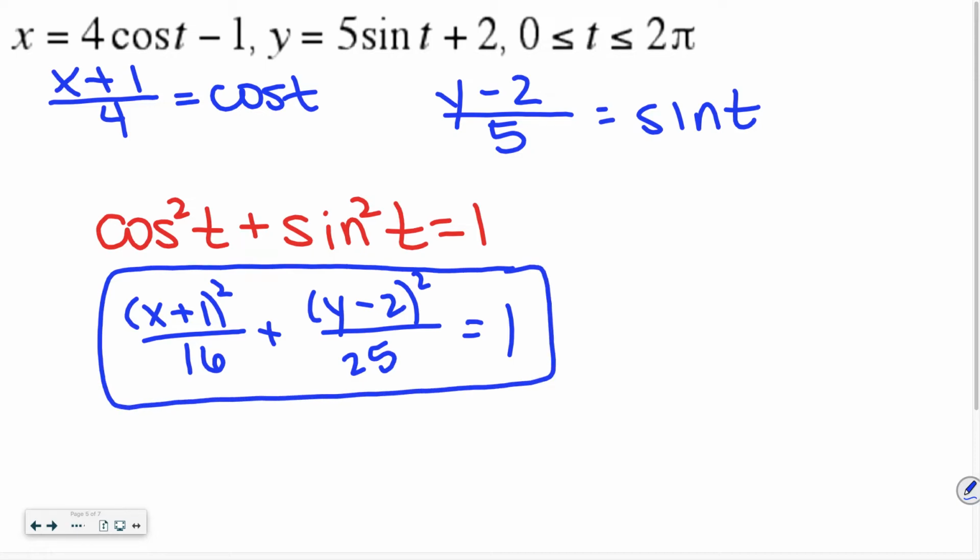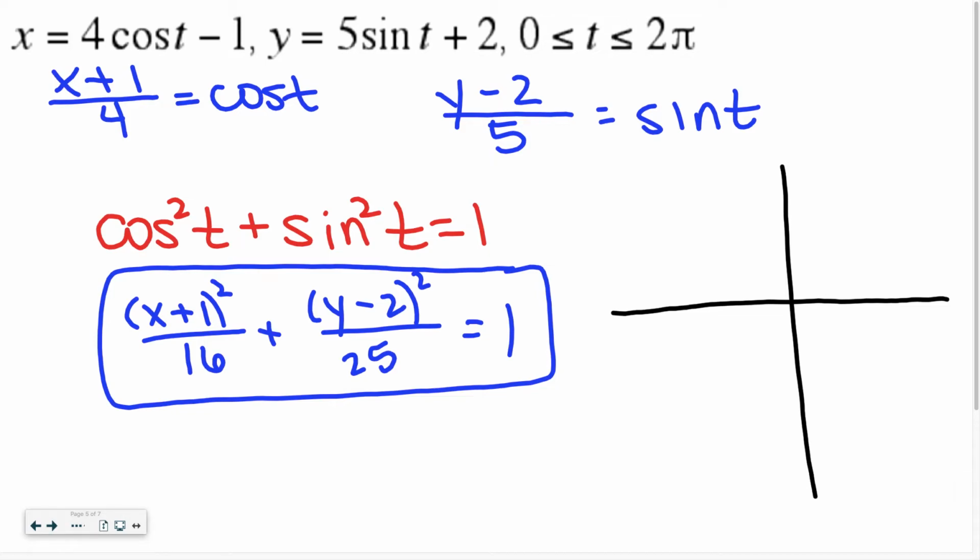Okay, flashback to pre-calc. What is that? Of an ellipse. It's been a long time, so I'll help you remember.